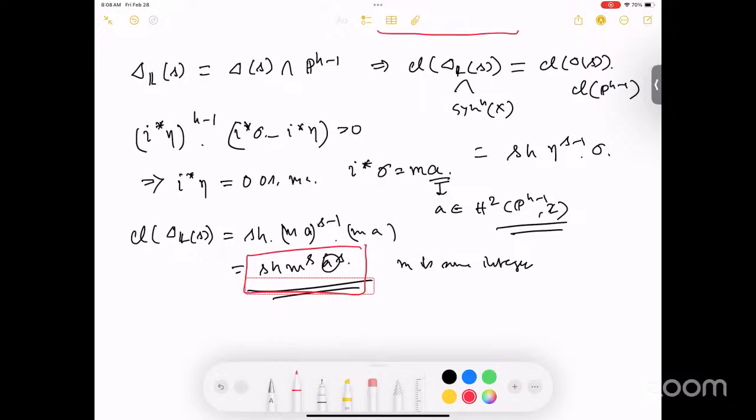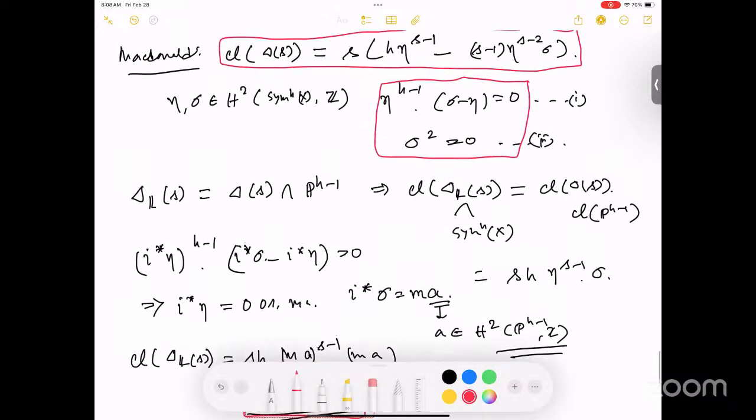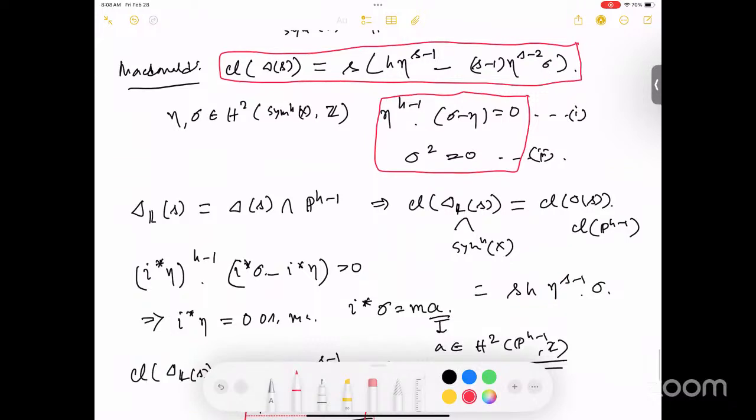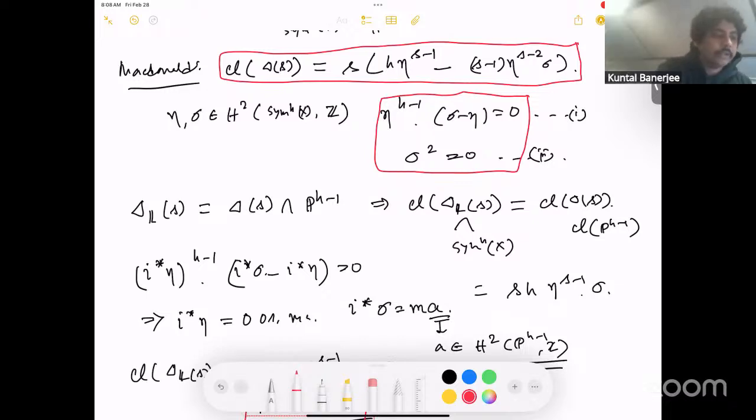But I want to ask a question. Since you are computing the classes of this wobbly locus and its possible components, do you expect many components? No, actually these are irreducible subvarieties.